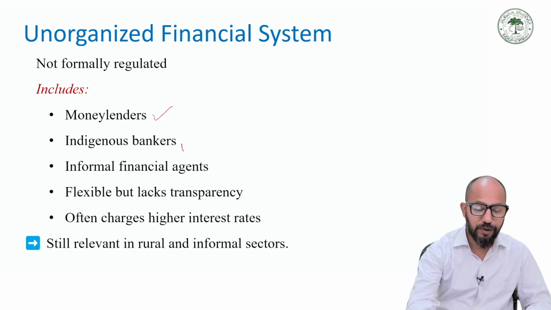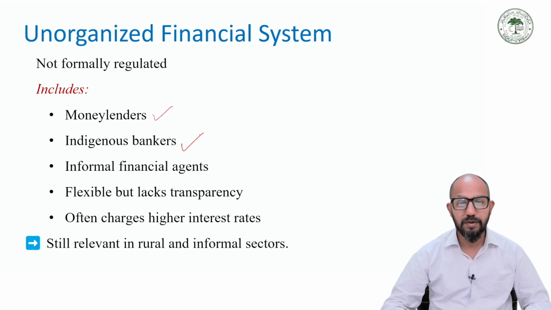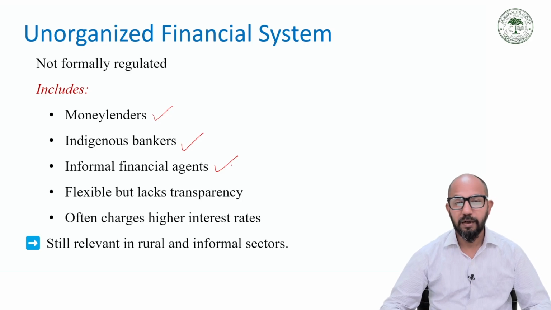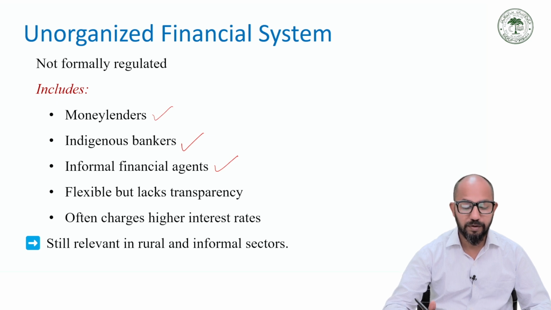Another includes indigenous bankers, bankers who are self-made and who work and function in a particular area, and informal financial agents that always act as intermediaries between some financial company and consumers.